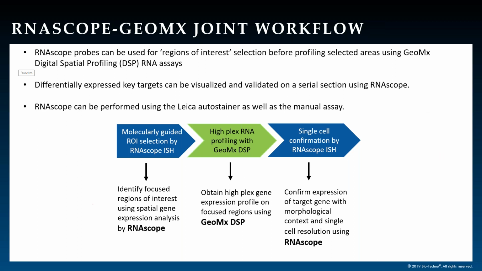So essentially, you would use RNAscope probes to identify regions of interest in a complex tissue sample. Then, based on the RNAscope expression, you will select specific regions within the tumor to profile using GeoMx DSP. After you've profiled those specific regions, you can validate those data again by using RNAscope.